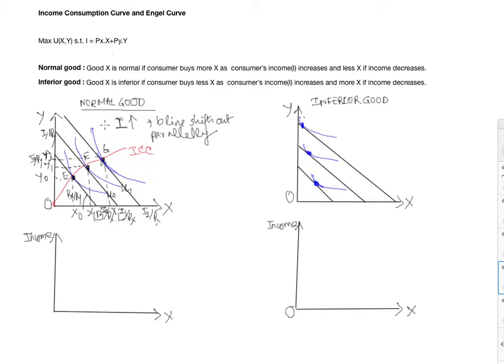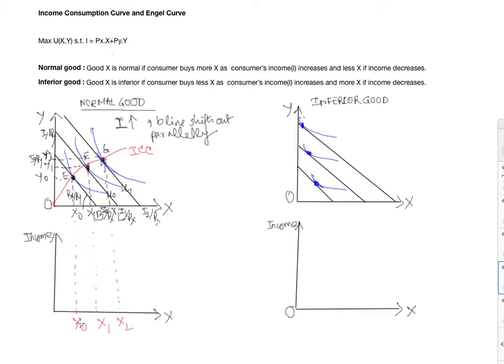Now from this graph, let's derive what is known as the Engel curve. The Engel curve shows the relationship between the quantity consumed of a good and the level of income of that consumer. From here we have the following information. At E, the equilibrium quantity of X is X0, at F, the equilibrium quantity of X is X1, and at G, the equilibrium quantity of X is X2.